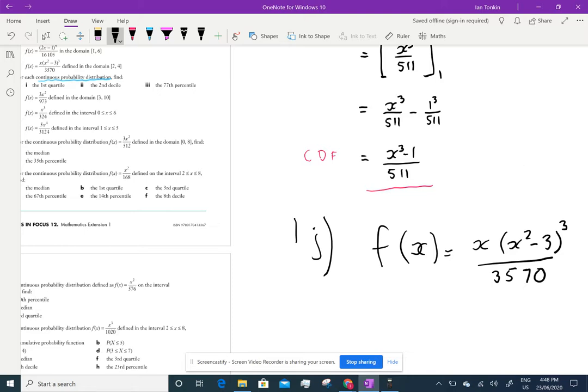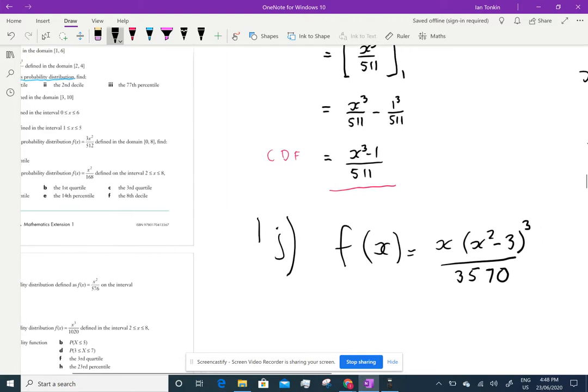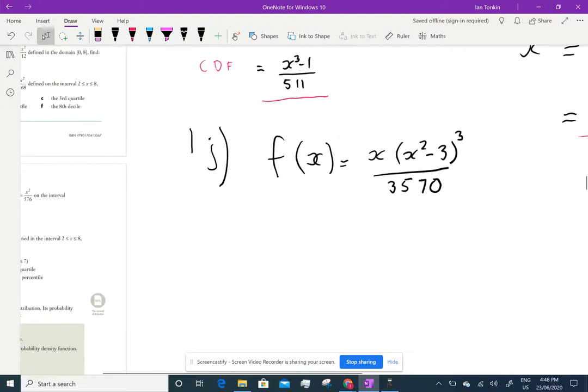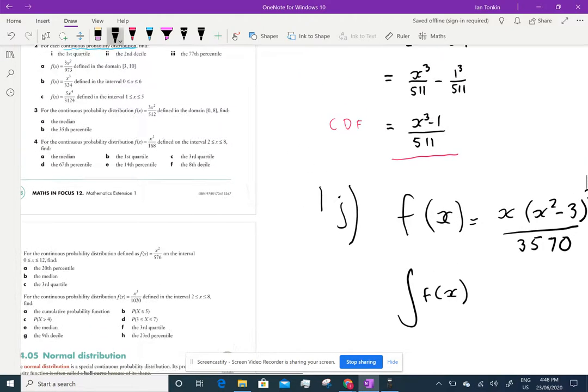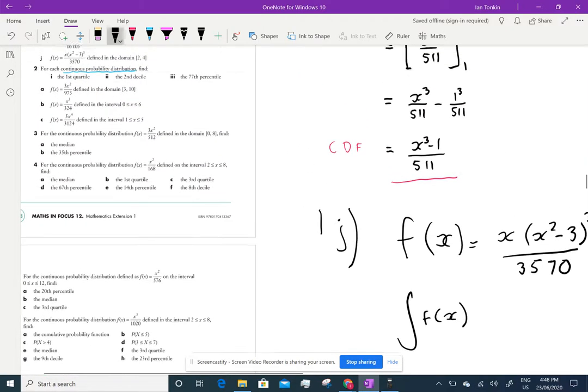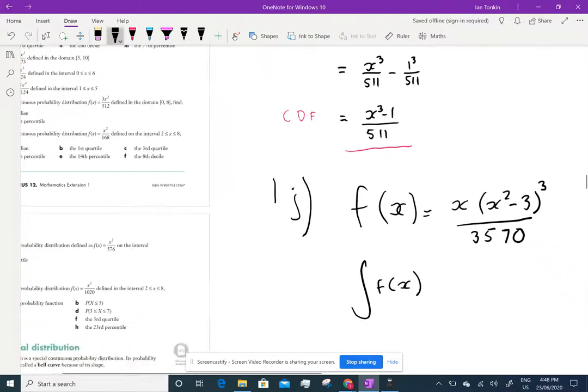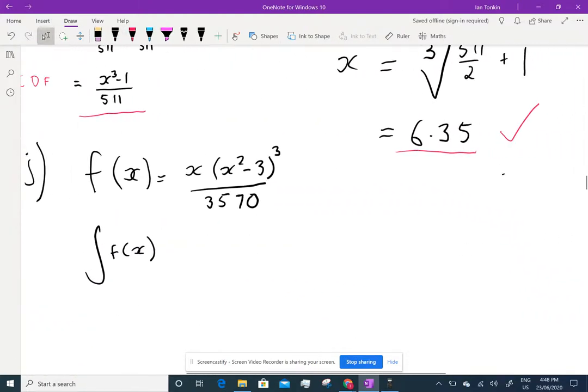Now that is a probability density function. We need the CDF. So we're going to integrate f of x. Oh, hold on. What's the domain? From 2 to 4. So the domain is 2 to 4.